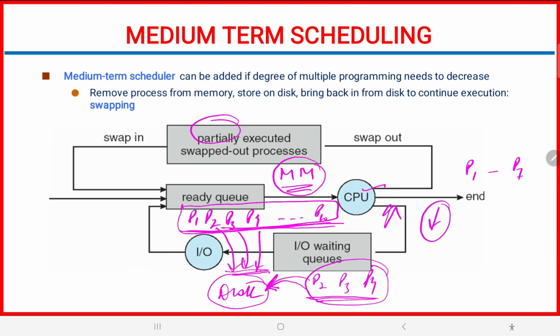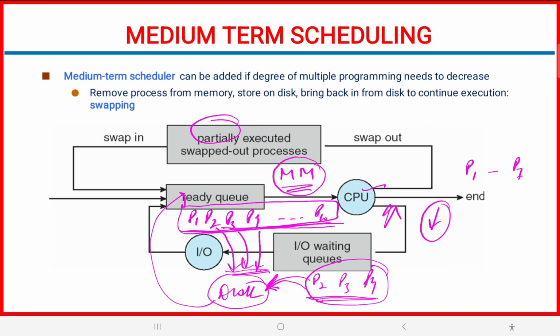The idea is that later, when these processes are transferred from disk onto the ready queue, they can begin their execution exactly from the place where they left. This is only feasible if their previous state was saved.